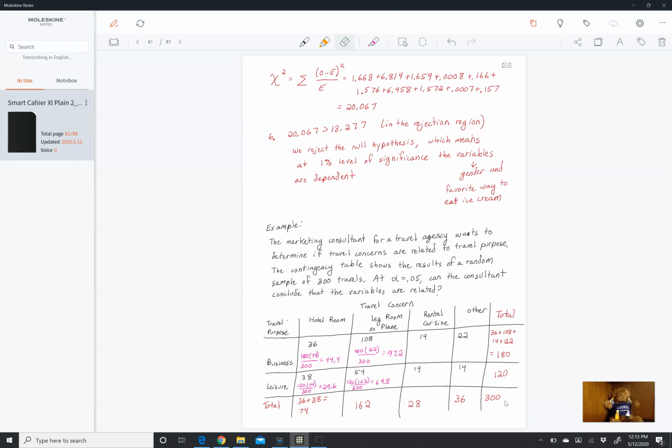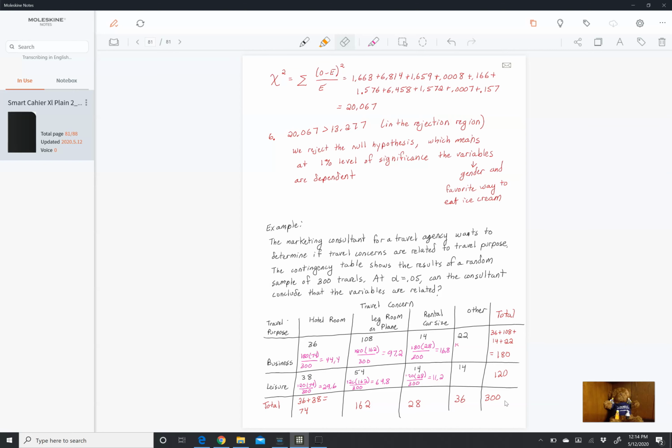Here, row total, 180. Column total, 28. Sample size, 300. We get 16.8. Here, row total, 120. Column total, 28. Sample size, 300. We get 11.2.